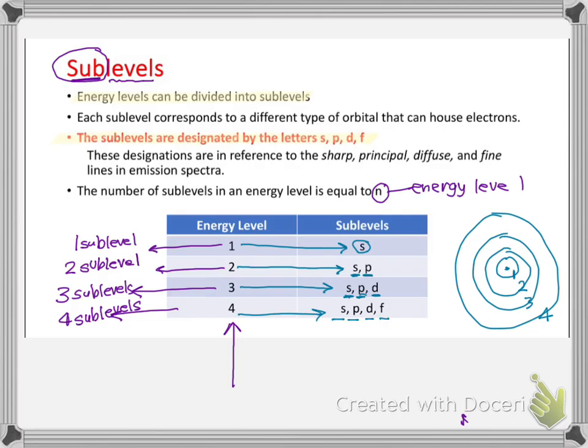Okay, so let's put it together. Our first number to describe where an electron is, is the energy level. Inside each energy level are sublevels. I do have a slide that puts it all together, so hang in there.